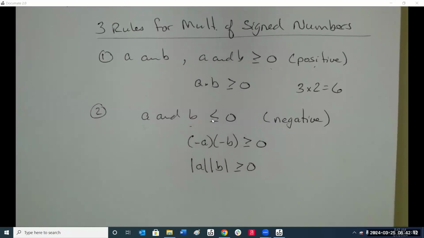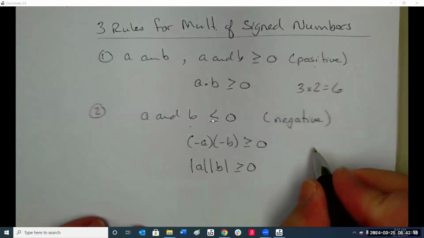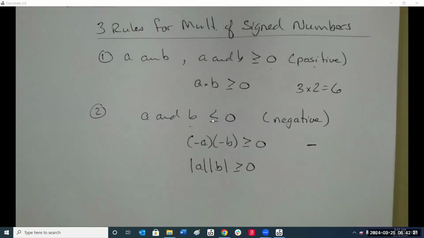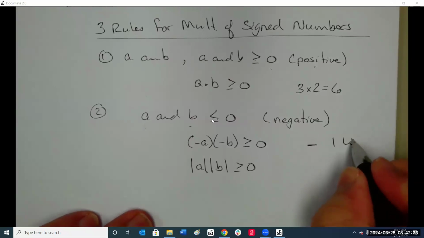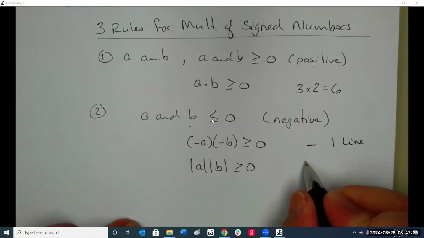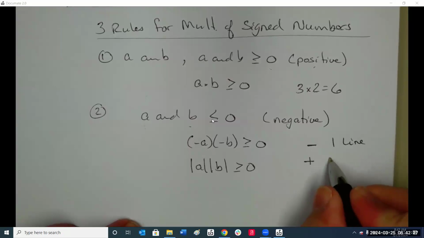Now, as you said earlier, they don't like each other, so they're alone. To make a negative, it only takes one line. If you have two lines, you can make a positive.